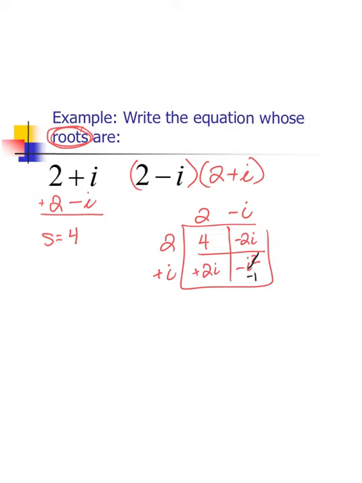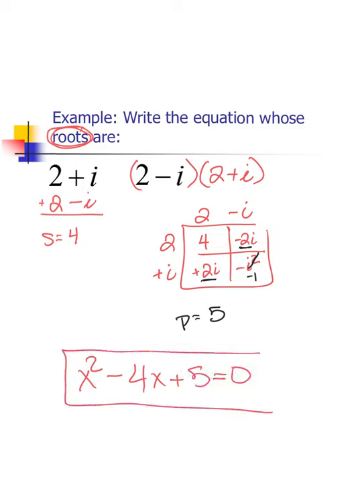So 4 minus -1 becomes 5. 2I minus 2I is nothing. So here my product is 5. So to write the equation, it's x squared, the opposite of the sum, so minus 4x, then the product equals 0. Again, very important, make sure you read.